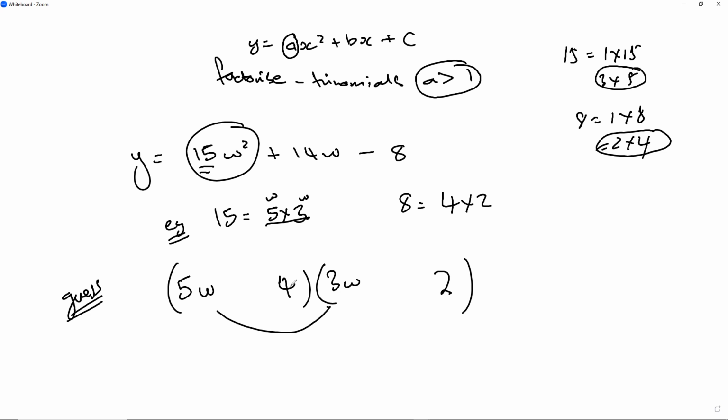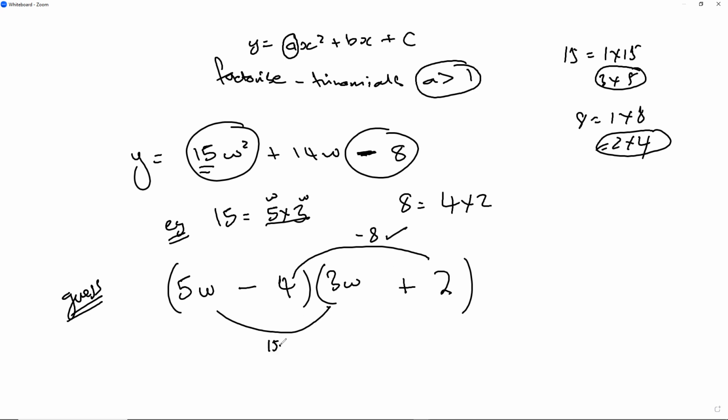So if you remember that those last two values will always multiply to get you the last term, and the first two values of each bracket will multiply to get the first term. It's the middle term that's tricky, right? Now we need to get a negative over here, which means one has to be positive and one has to be negative. If I make this positive and I make this negative, then I will get negative 8, which is perfect.